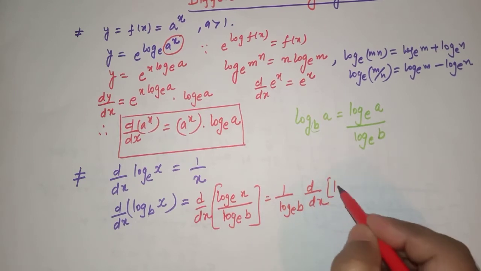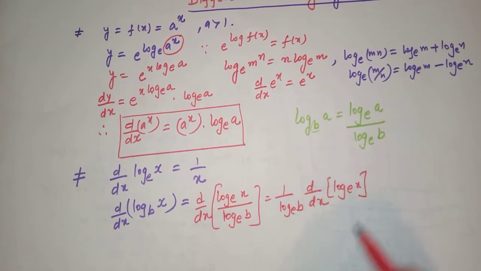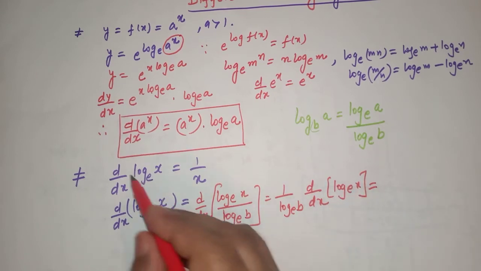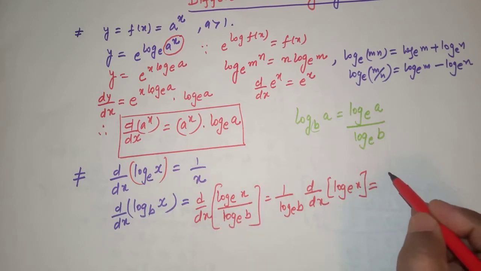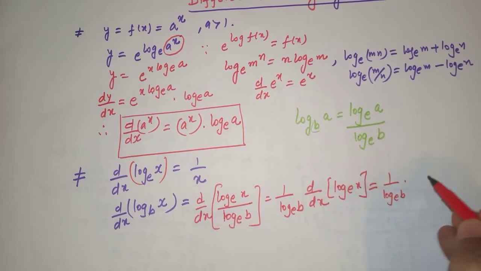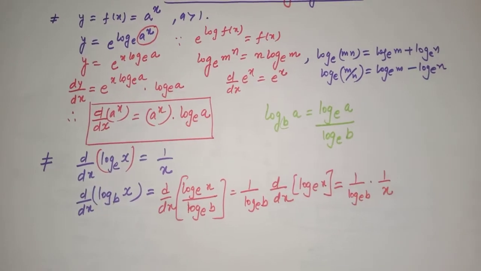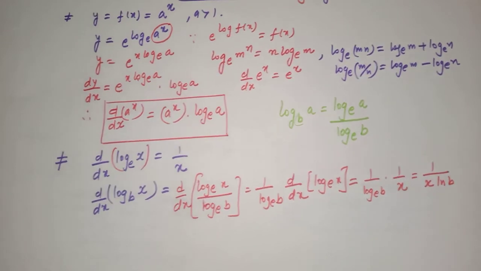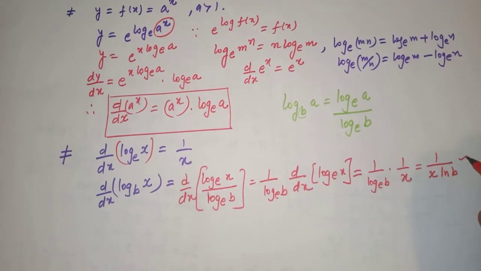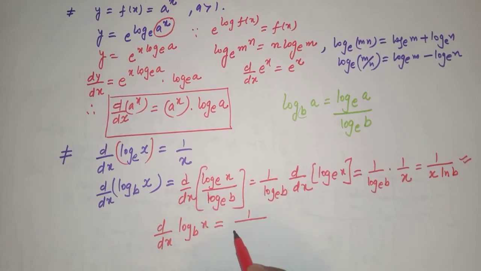And the derivative of log x to the base e is 1 over x, so we have 1 over log b multiplied by 1 over x, which can further be written as 1 over x ln b. Clear? So this is the formula: the derivative of log of x to the base b is equal to 1 over x log b.